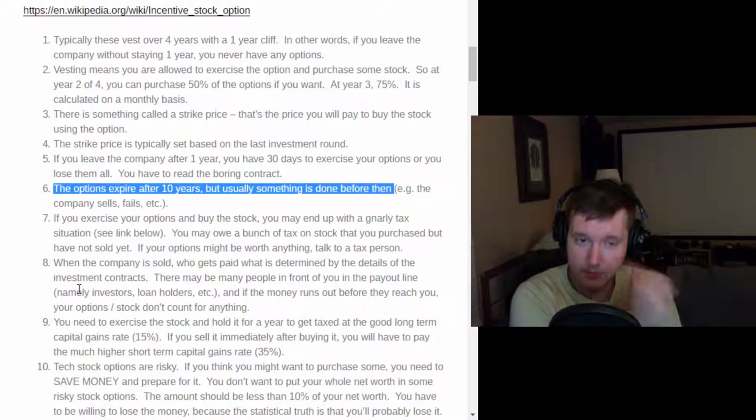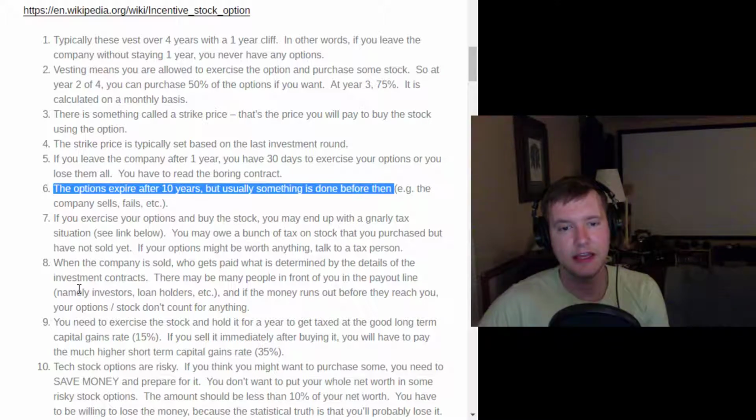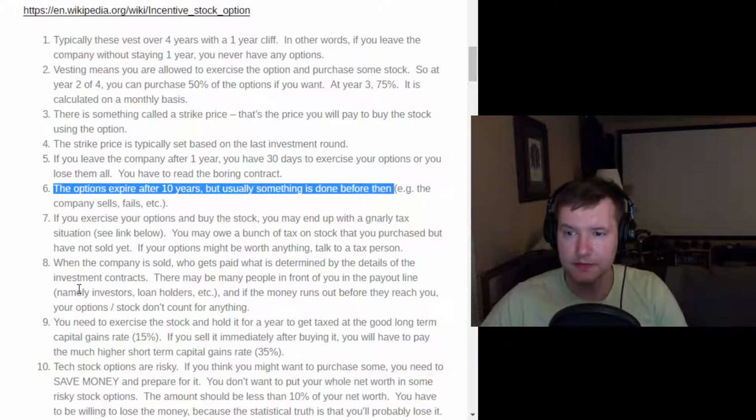And so the point is, you can avoid these high taxation rates if you exercise your options at least a year before the exit. But again, this is very risky because you don't know when the exit is going to be. You just don't know. You don't know if there will ever be an exit.